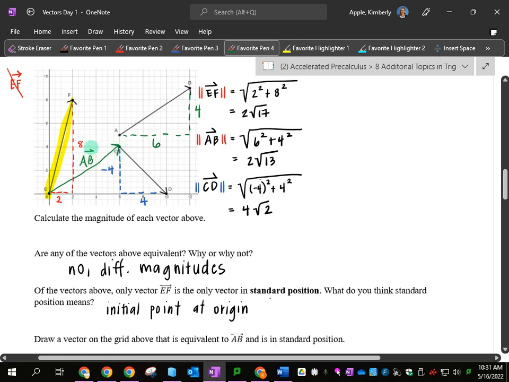This is equivalent to AB. It's AB again, except it's starting here. What's the terminal point now? 6, 4. So see how when we move it to the standard position, it's easy to see that this is 6 and this is 4.